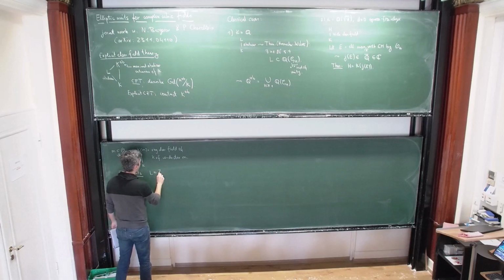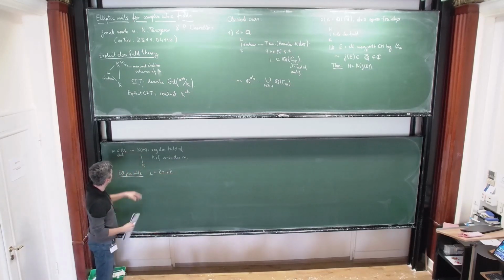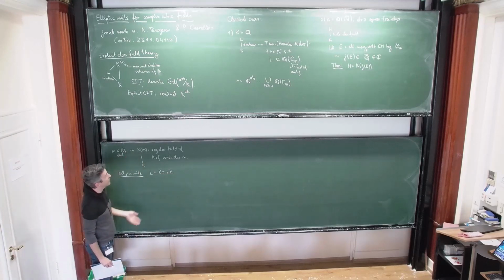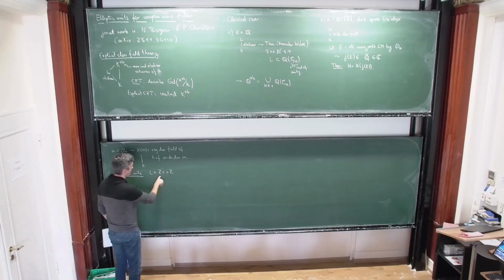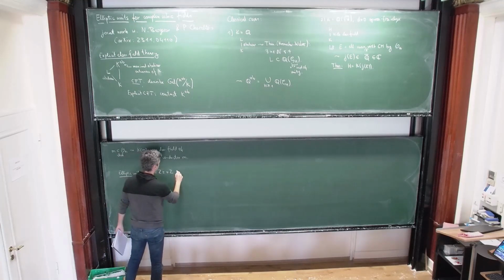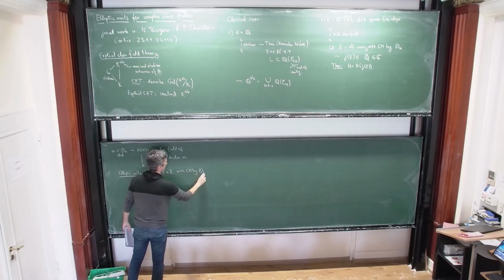So I'm again going to construct interesting elements here by evaluating some interesting function. So let me take a lattice L of the form Z plus Z alpha, which has CM.